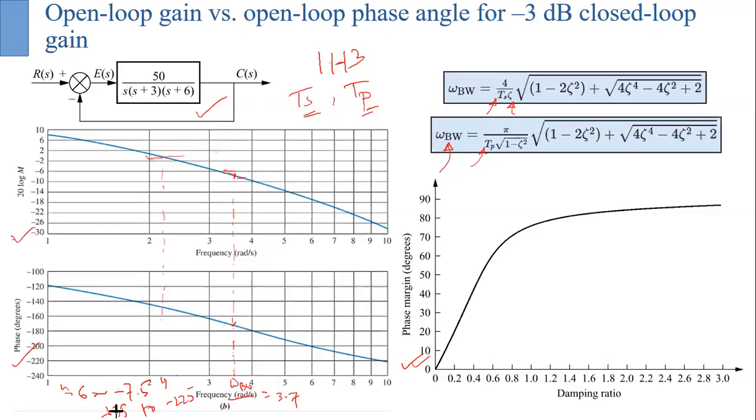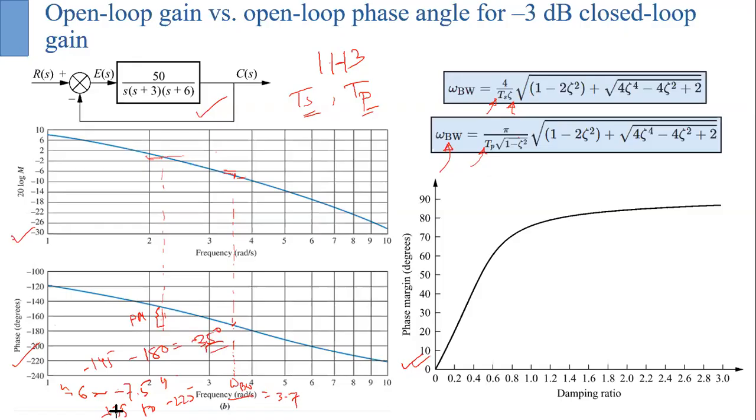The angle here is your phase margin, which is approximately minus 145 minus 180, so approximately 35 degrees.